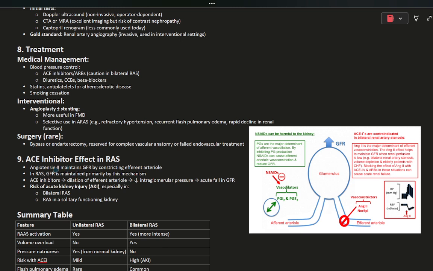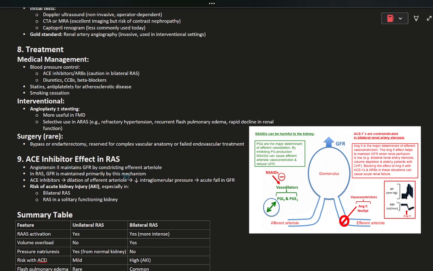So, what happens if you use an ACE inhibitor, which is responsible for preventing the production of angiotensin II? With the ACE inhibitors, you're going to have a dilation of the efferent arteriole because angiotensin II is no longer being produced. Rather, the ACE inhibitors are inhibiting the production of this.